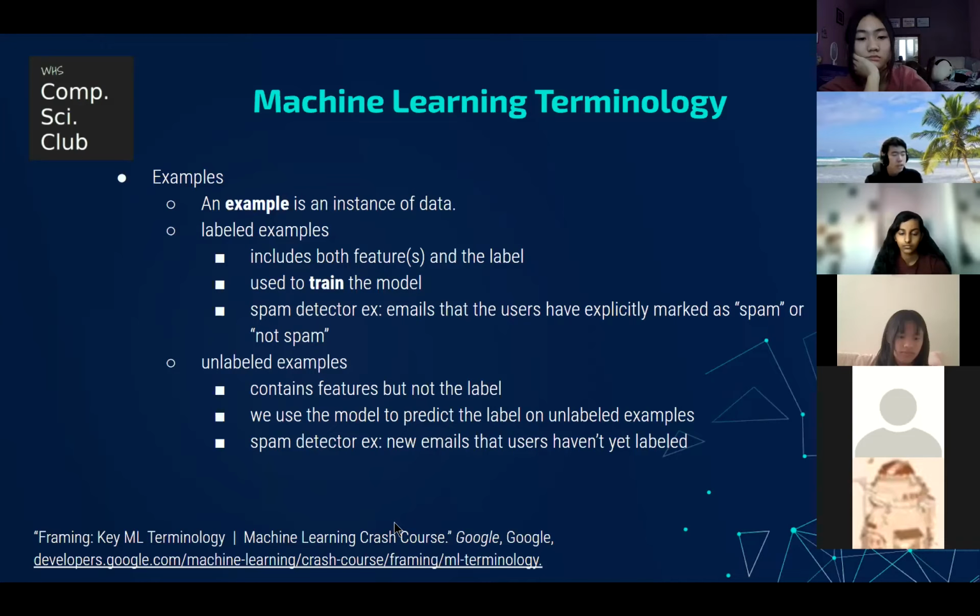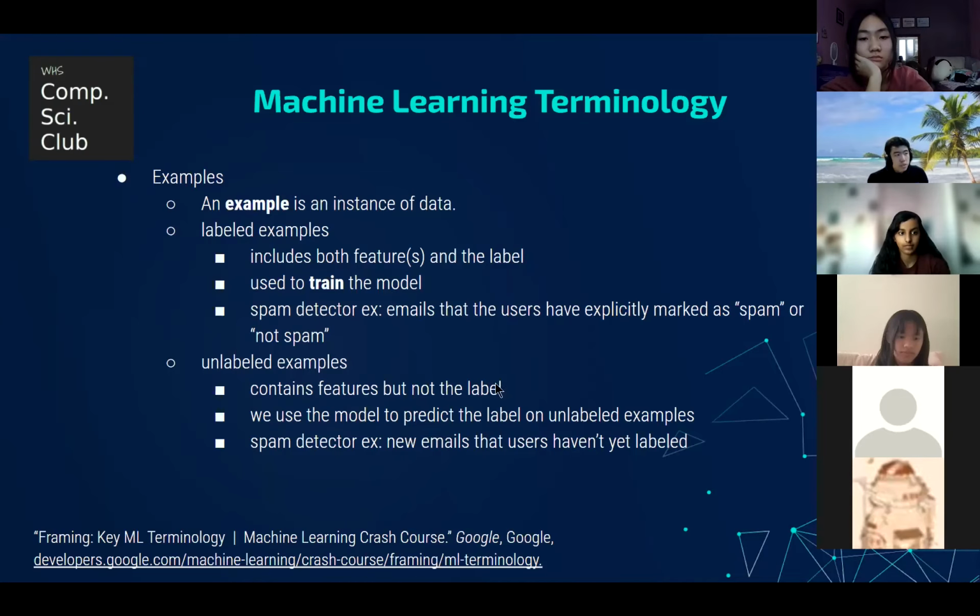So what the machine can do is take that email, all of the features from it, all of the information, and look at it and train the model and be like, okay, this we know for sure is not spam. Why is it not spam? It looks at the features and determines why, so it can mark it as not spam in the future.